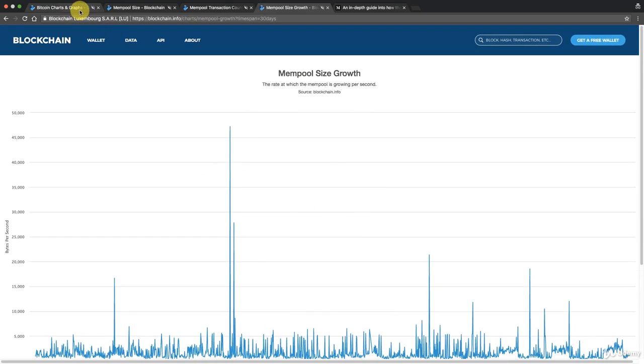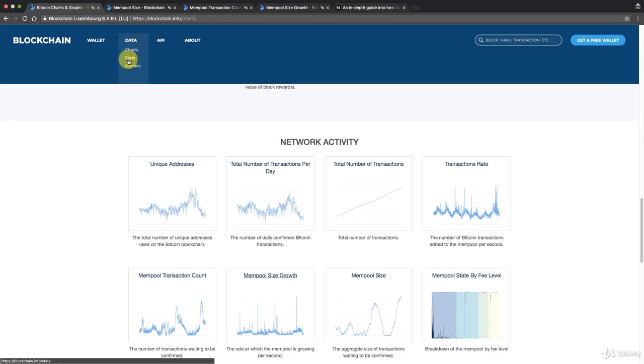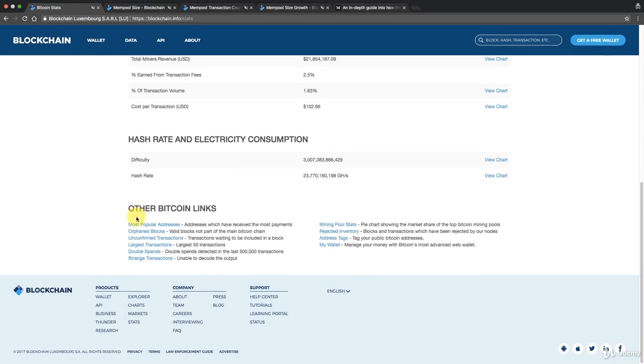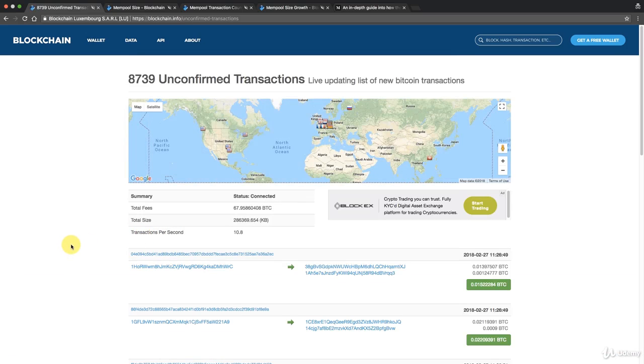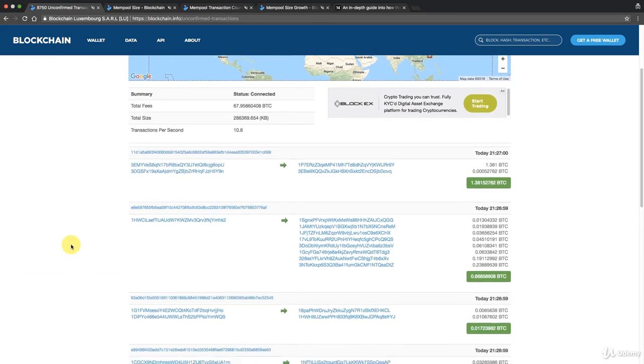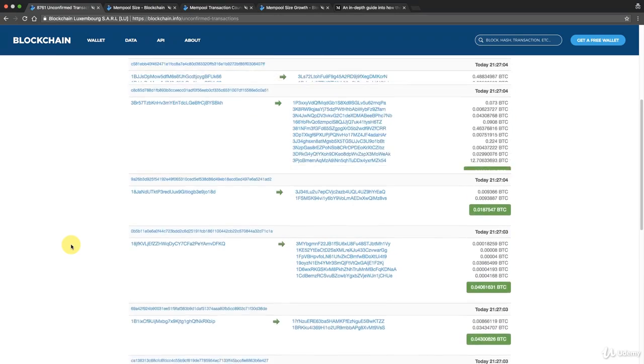Another interesting one, which I really like, which I wanted to show you, is if you go to data and you go to stats instead of charts, and then you go to unconfirmed transactions. Those are the transactions that are in the mempool. They're called unconfirmed transactions. And this is just amazing. I love watching this.